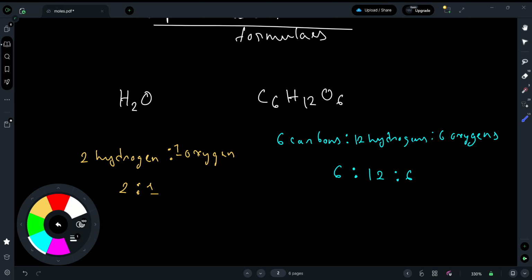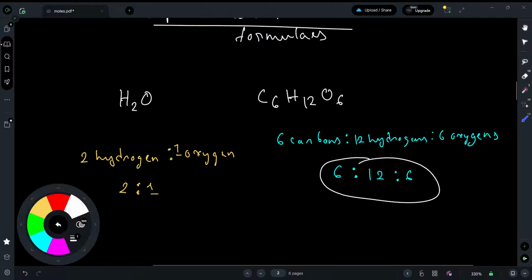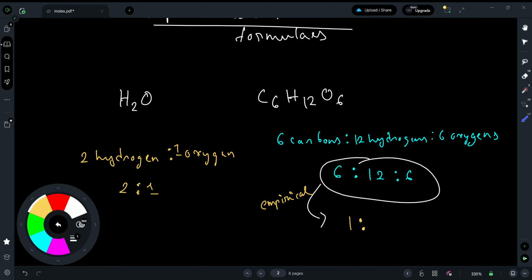These are just the formulas that you're used to and that you use when you write an answer. So what an empirical formula is, is just these ratios simplified, right? If we're doing empirical for glucose, what can we divide this by? The HCF is 6, so 1 is to 2 is to 1.